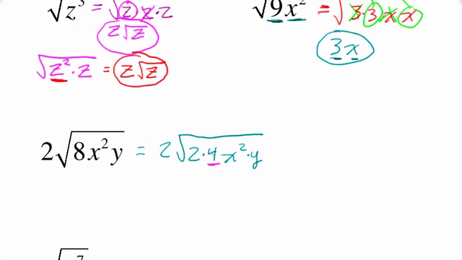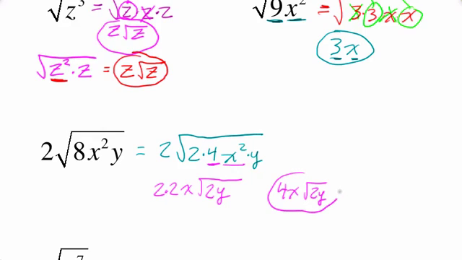Perfect square is 4, and a perfect square here is x squared. So what's the square root of 4? 2. So that's going to join the other 2 already out in front. And what's the square root of x squared? That's just x. So what's left underneath the radical is another 2 and a y. So our final answer here would be 4x root 2y.